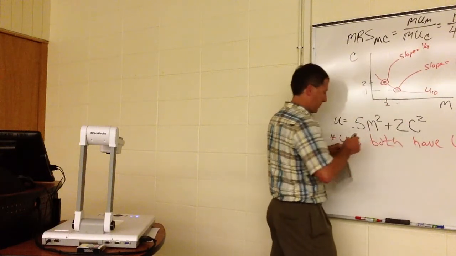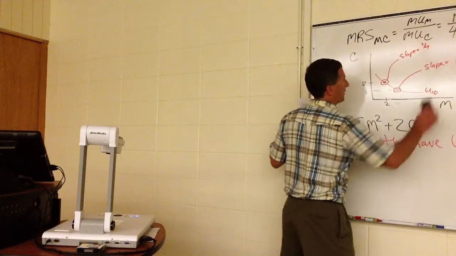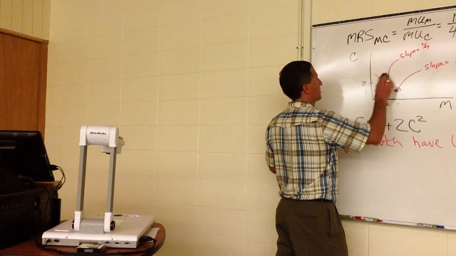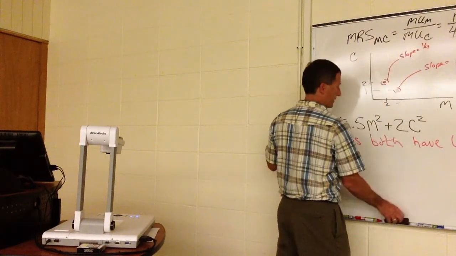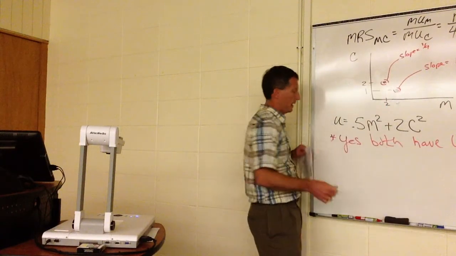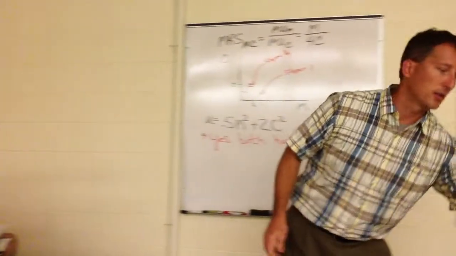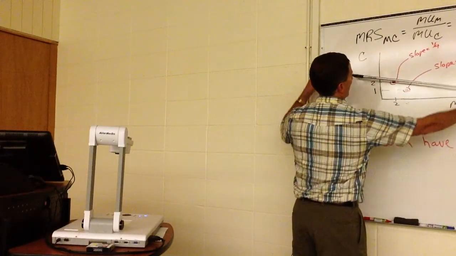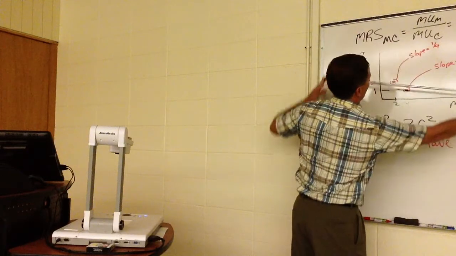But what I want you to think about is not knowing what the indifference curve actually looks like. Let's just pretend we don't know Mariah's preferences. All we've got is this data. So how does her indifference curve really look? Slope of 1/4 versus slope of 1.